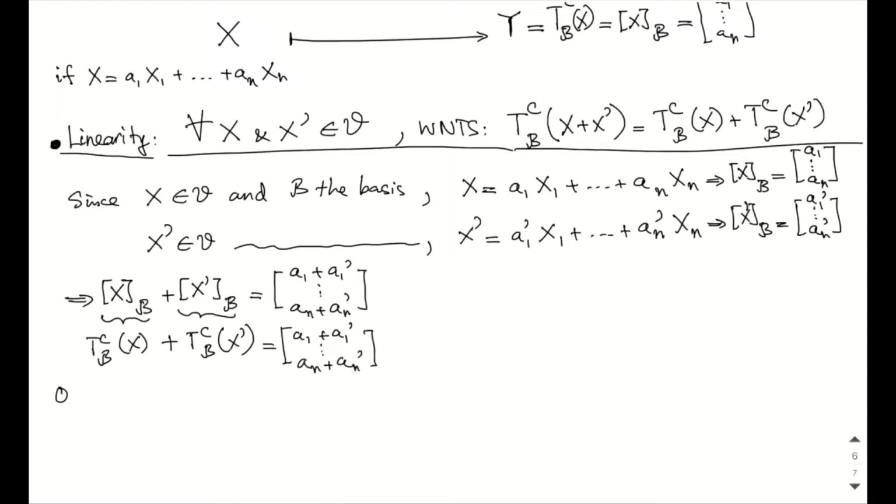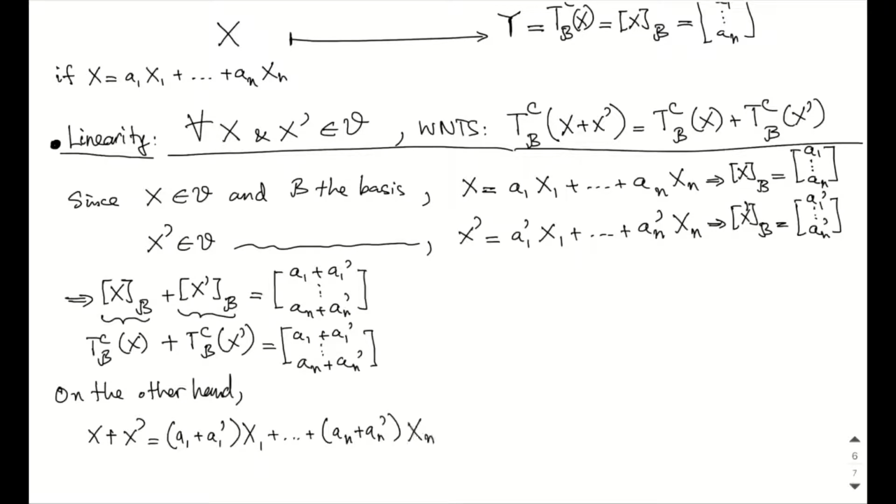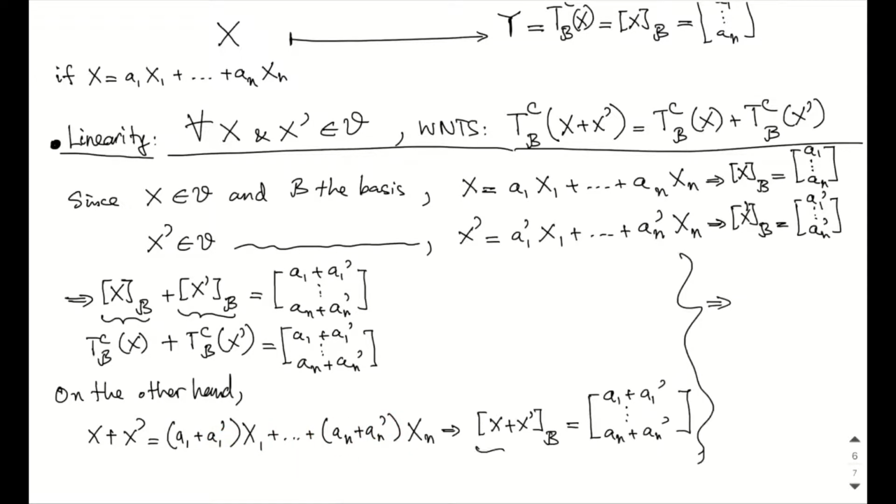On the other hand, if we compute x plus x prime, then we are going to have a1 plus a1 prime times x1 plus ... plus an plus an prime times xn. And that implies that the coordinate vector for the sum with respect to the basis B is going to be, of course, this, ..., this. And what is this?